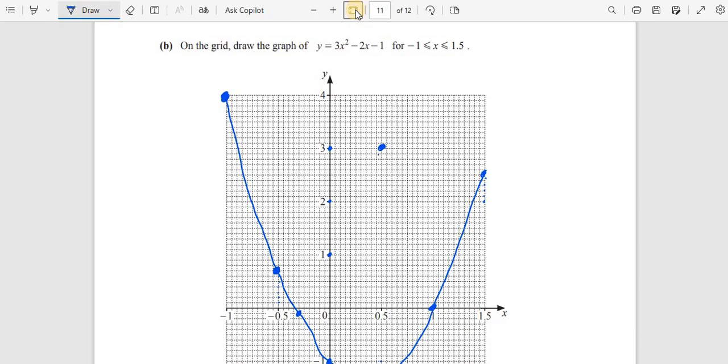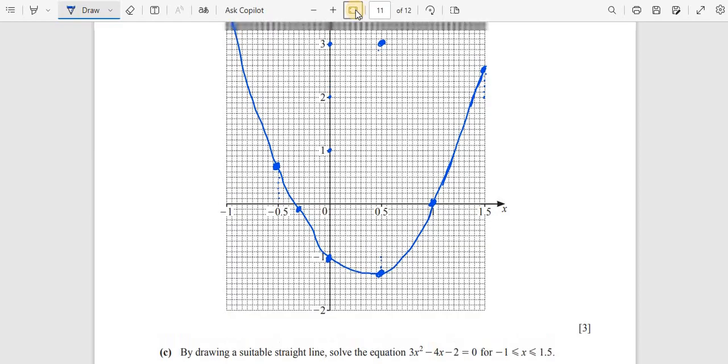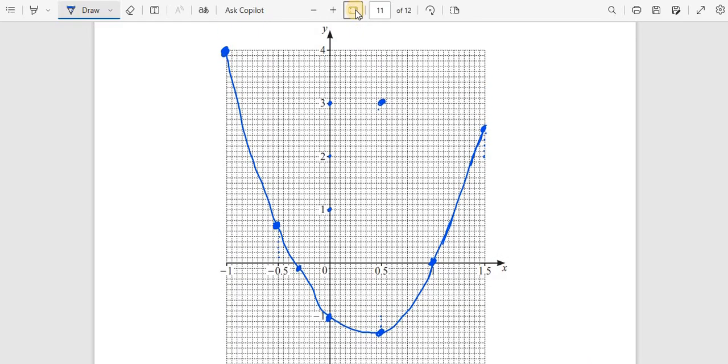Then there are the third, fourth, fifth and sixth points. Draw a graph starting from here and connect each point like that. So this is the required graph.